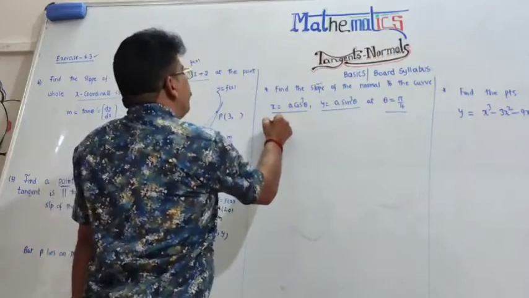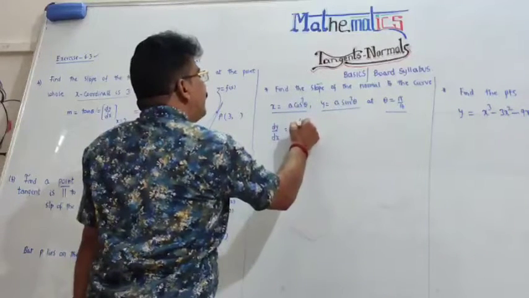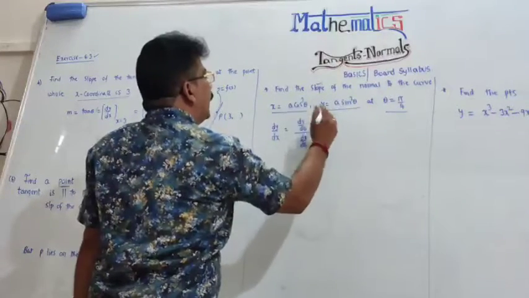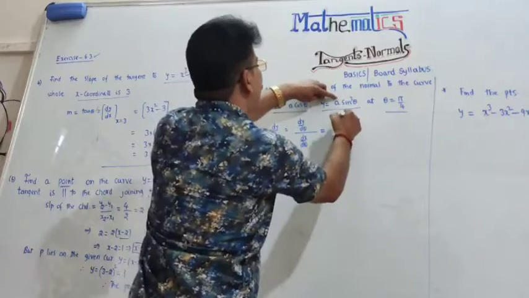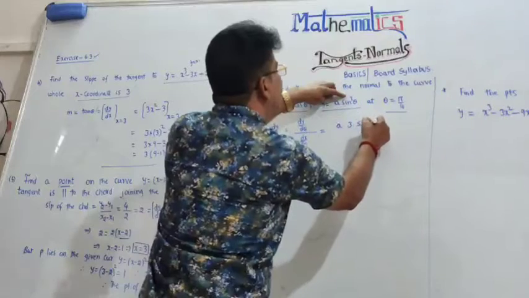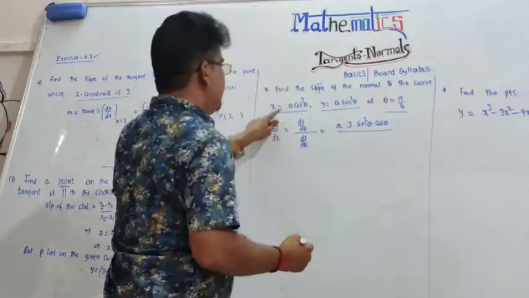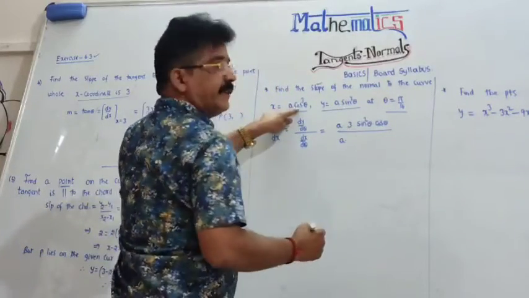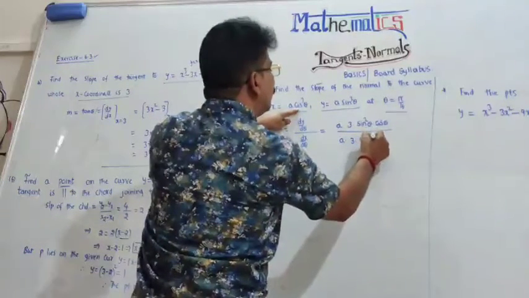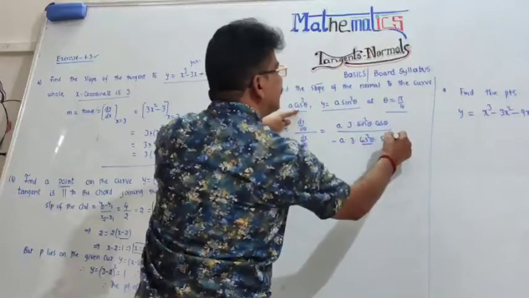So first dy by dx is equal to dy by d theta whole divided by dx by d theta. So that is equal to a into its derivative 3 into sine square theta into d by d theta of sine theta, whole divided by a into d by d theta of cos cubed, which means 3 into cos square theta into d by d theta of cos theta, which is minus sine theta.